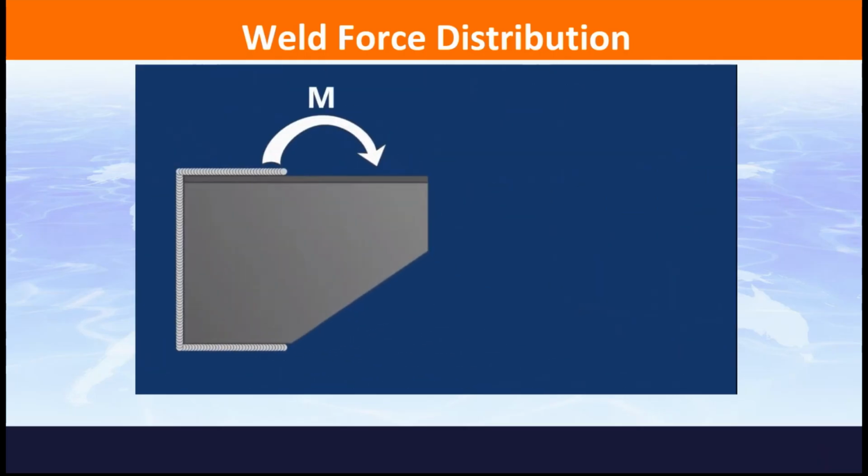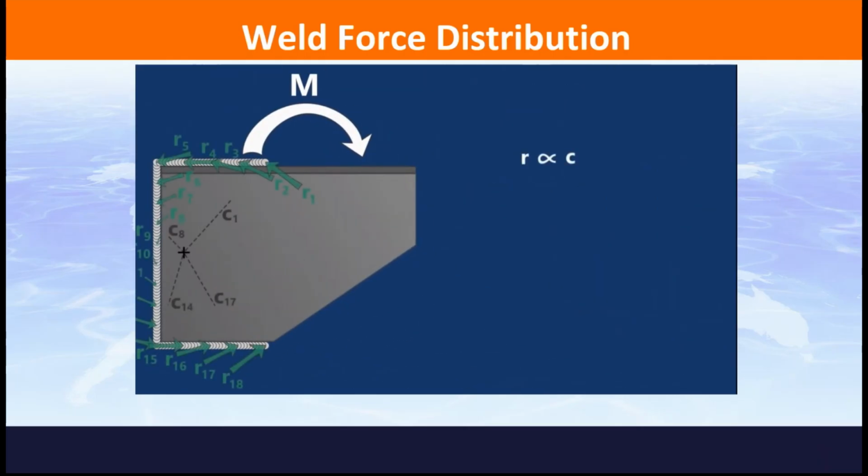So let's look at that. As with the bolts, the force in the weld is proportional to the distance from the centroid of the weld group. And it takes a little bit of working out where the centroid of the weld group is. It's a bit more obvious with bolts. But in a similar way, the highest force, R, is the moment multiplied by the distance divided by the polar moment of inertia of that weld group.